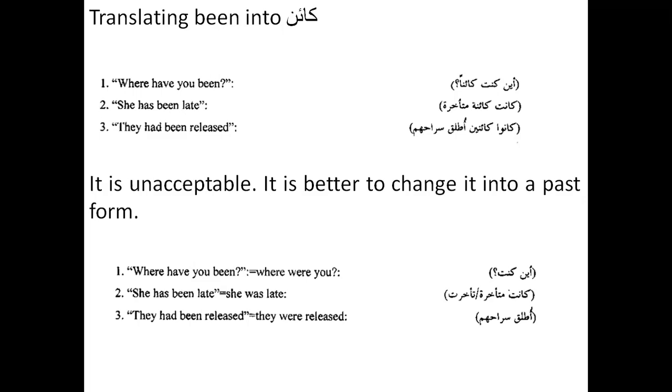So if been is an indicative form of the present perfect, we can render the sentence as a present or as past simple, and that's enough. So when she has been late, we can say كانت متأخرة as a past simple, and that's enough.